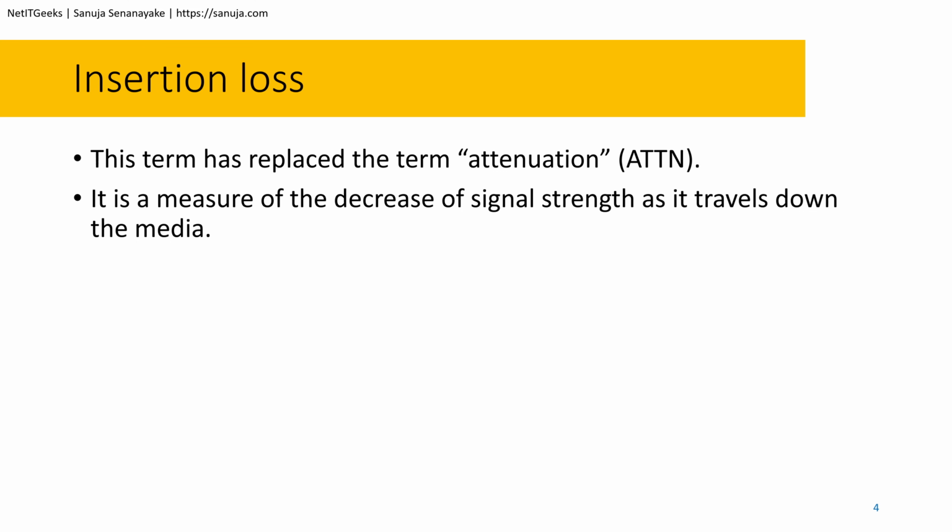You need to understand also the factors affecting the insertion loss in a Cat6 cabling environment in most of your exams. Those include cable length, frequency, cable quality, connectors and splices, signal reflection, etc. So insertion loss can be caused by any of those items.